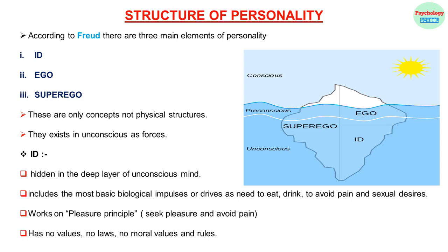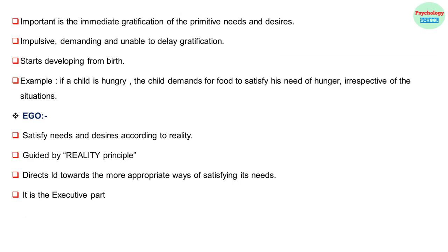It means that people seek pleasure and try to avoid pain, and it starts developing from the birth of a child. Now it has no moral and social values. It doesn't care about the right and wrong things and considers only the gratification or satisfaction of the primitive needs and desires.